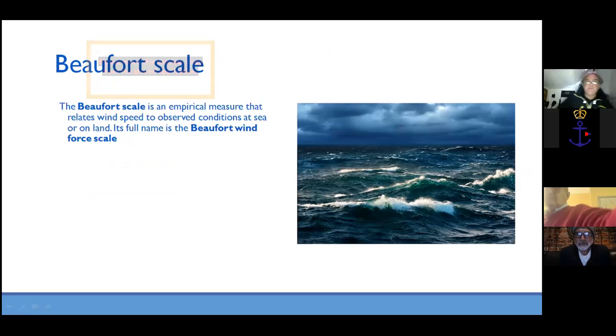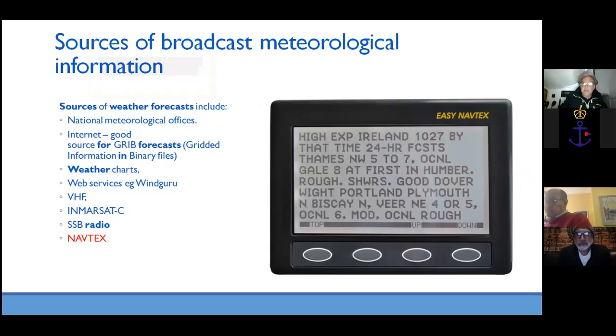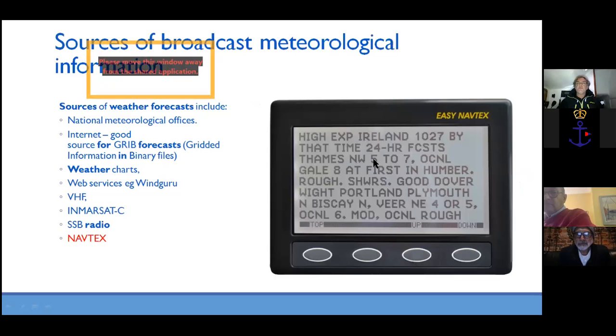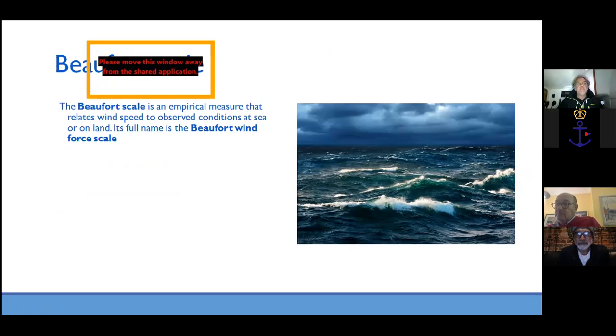Beaufort scale. Now, if we go back to the Navtechs, it says gale 8 at first in number, Thames Northwest 5 to 7. How can it say it's a gale that's just 8? A gale is not just 8, it's much, much more. It's because they are referring to the Beaufort scale force.